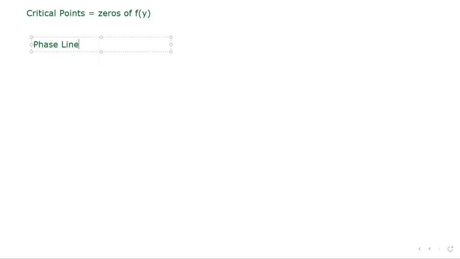And what this is, on the y-axis, it shows the direction of how y moves as t increases. And we're going to use y versus f of y.